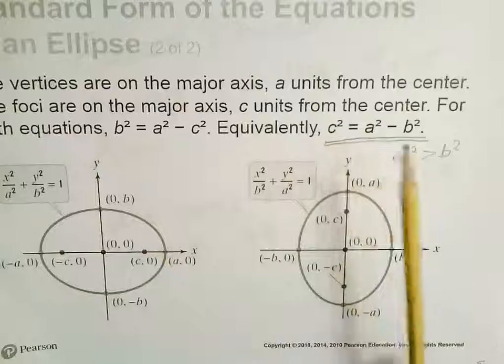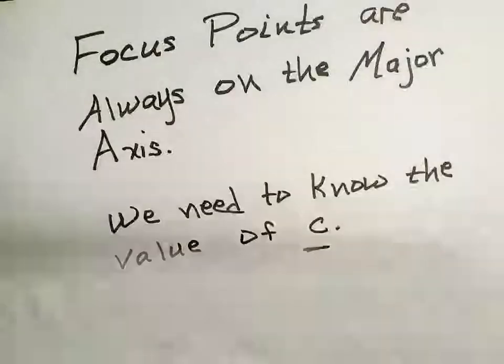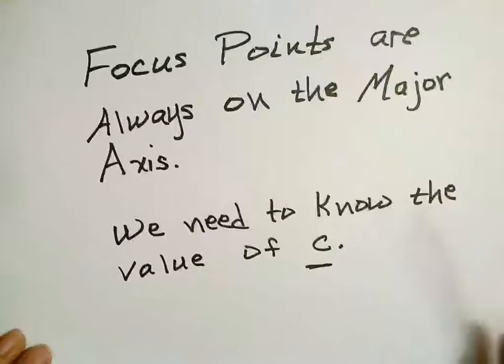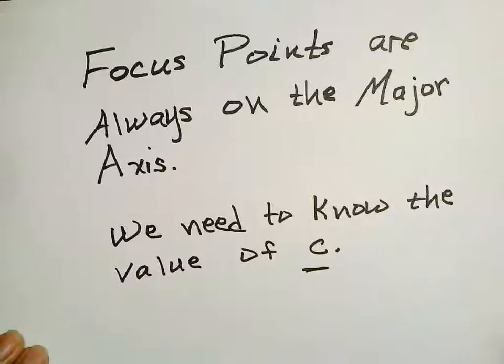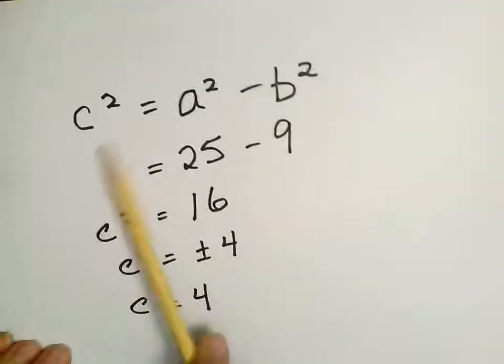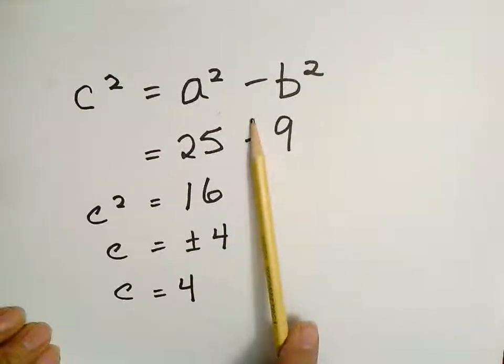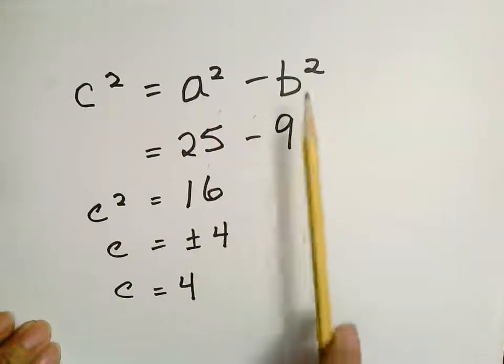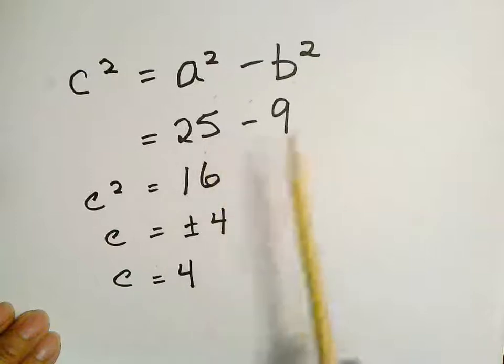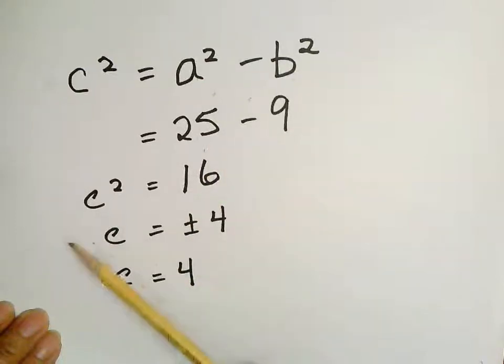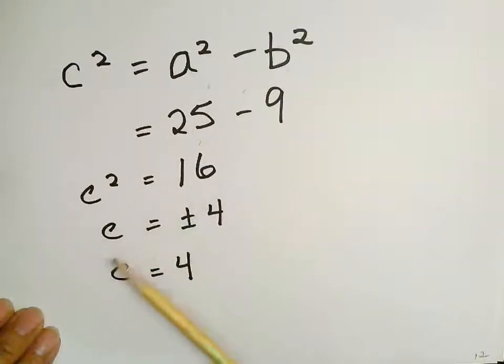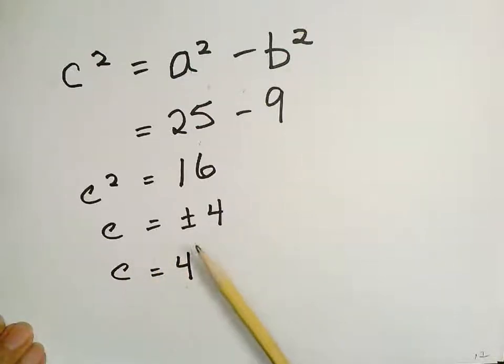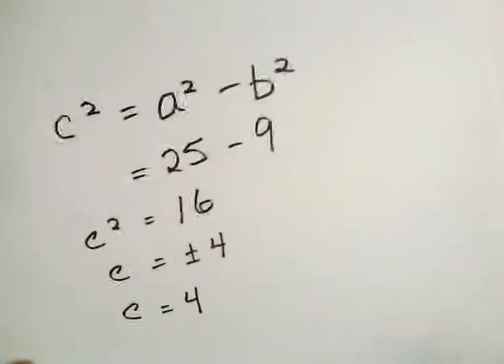The A squared was 25 and the B squared is 9. 25 minus 9 is 16. We take the square root of both sides and get plus or minus 4, and the C is 4. The minus just says that we're going to be moving up and down 4 units.